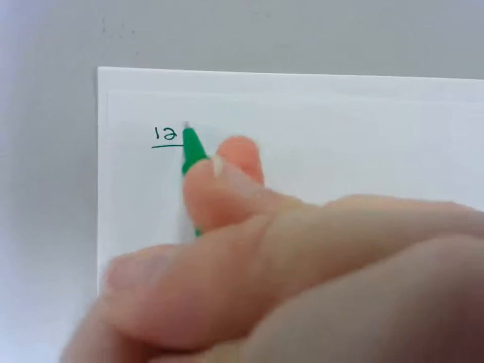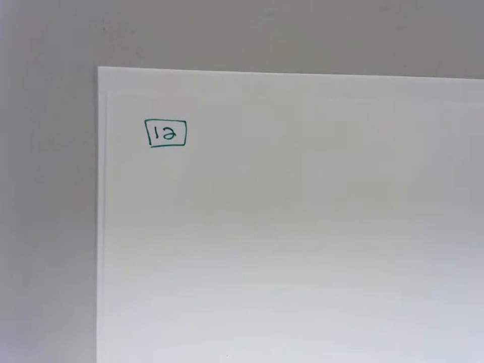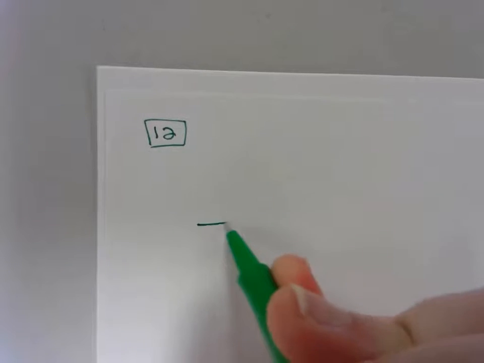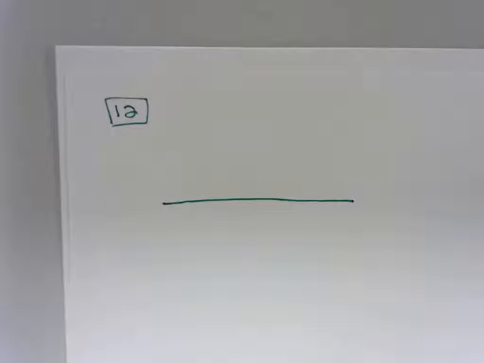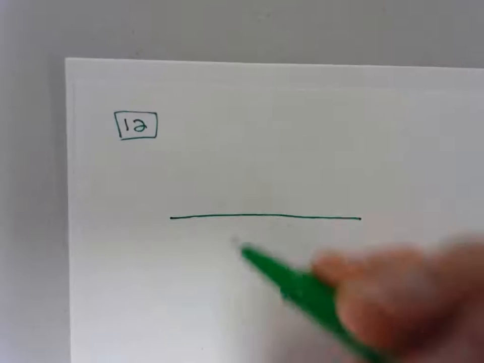So if I look at 12, a beacon that makes one revolution every 10 seconds is located on a ship anchored 4 kilometers from a straight shoreline. Let's draw a picture. Here's my straight shoreline. I have a beacon on a ship anchored 4 kilometers from the shoreline.